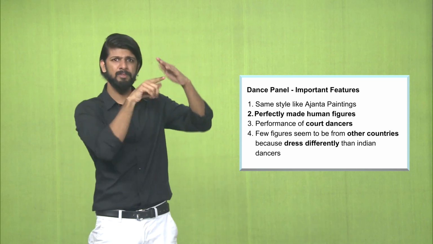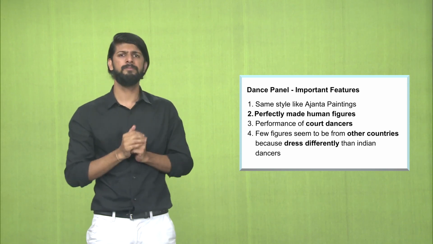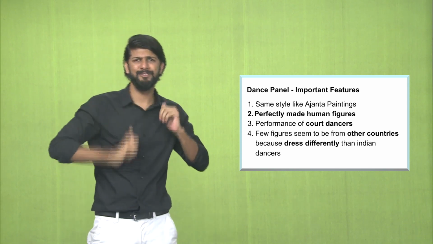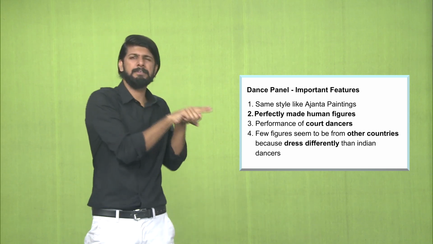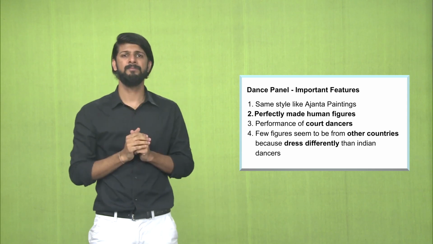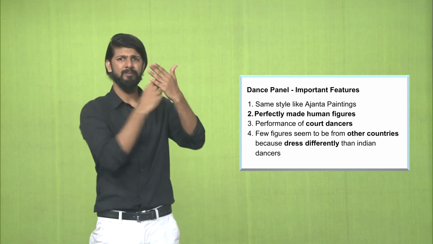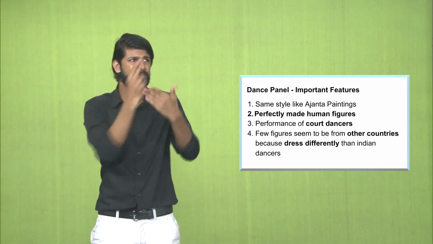Some important features from this painting called Dance Panel. The style of the painting is similar to the Ajanta cave paintings. The human figures in this painting are perfectly made.